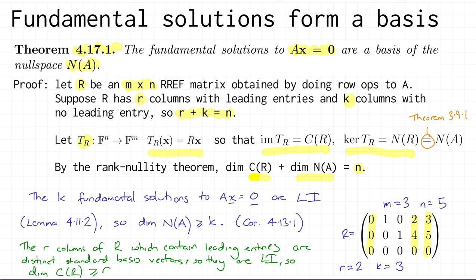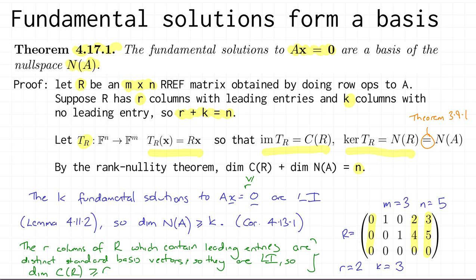So let's get rid of some of this highlighting, and I want to go back and look at this expression here. What we've just shown in green down here tells us that the dimension of C(R) is at least r, because we've just seen that it has r different standard basis vectors in it.